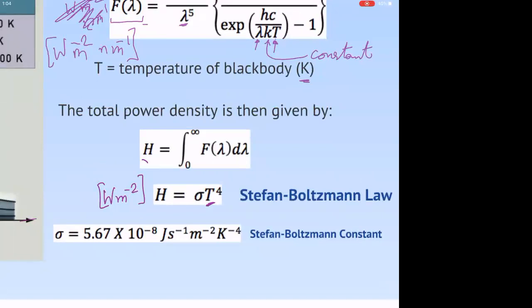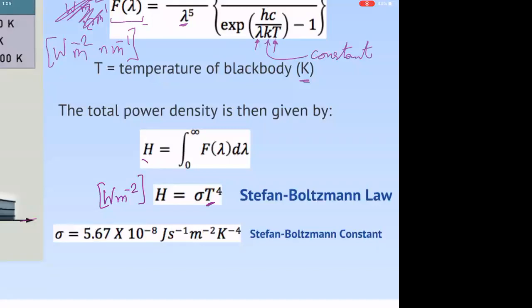It's a very important result, because that means you only need to look at the temperature of a black body to know how much power it's emitting per unit area, per unit time. It's an approximation, but it's a good approximation for instance, for the sun.